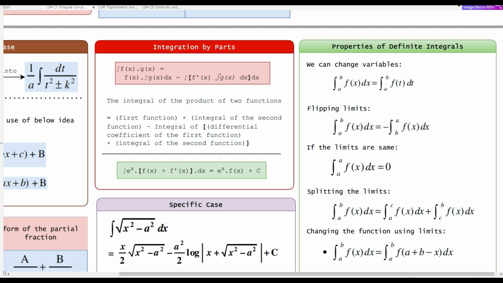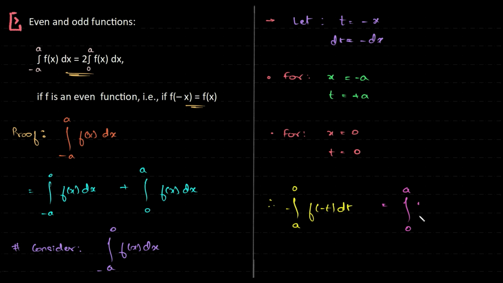Using the first property, I can flip the integral limits and the negative becomes positive. And what else can we do? We can change the variables. 0 to a f of minus x dx. But this too is equal to the integral of f of x dx. Reason being f of minus x is equal to f of x, because it's an even function.